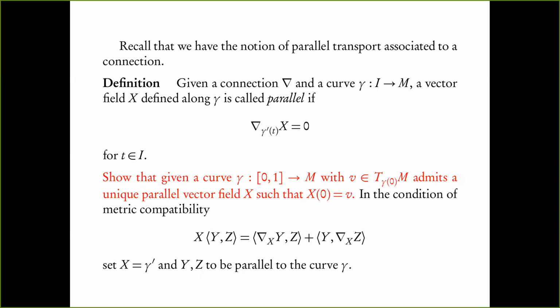That would mean that nabla gamma prime is 0, so this term is 0 and this term is 0, which would mean that the right hand side is 0. But if you didn't have metric compatibility, then that's the end of the story. A geodesic with respect to a connection is just an arbitrary thing. It has nothing to do with the metric. So there is no inherent picture that you can draw.